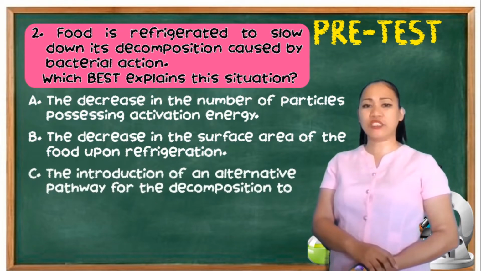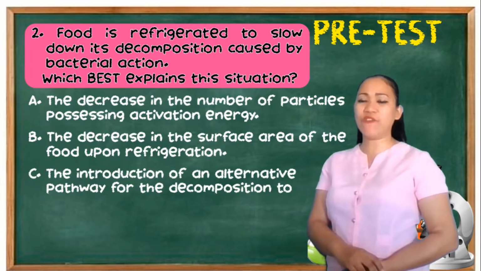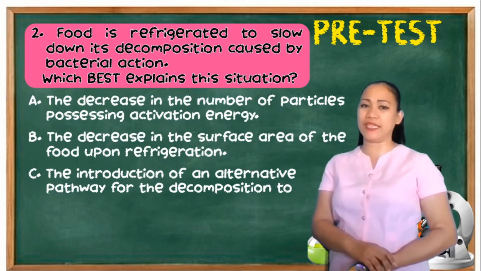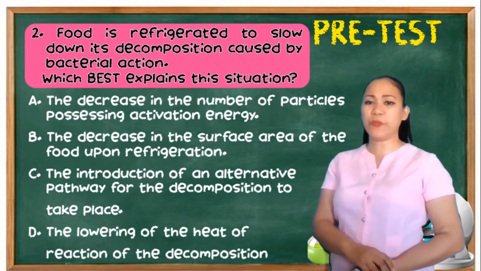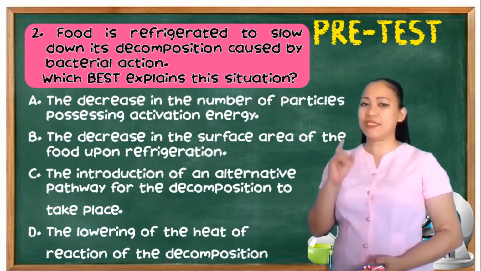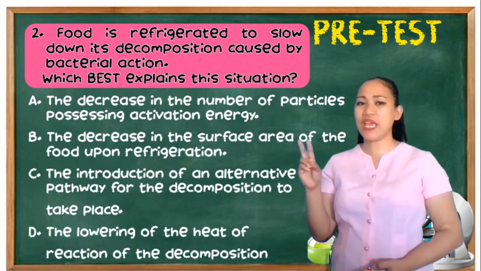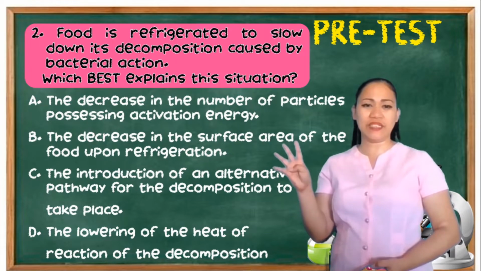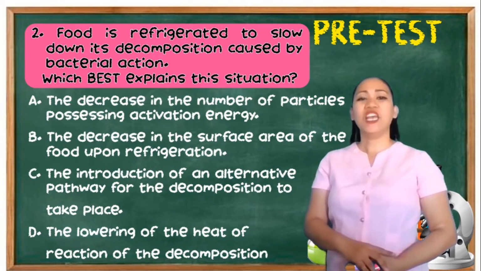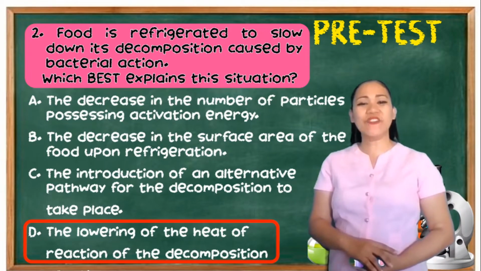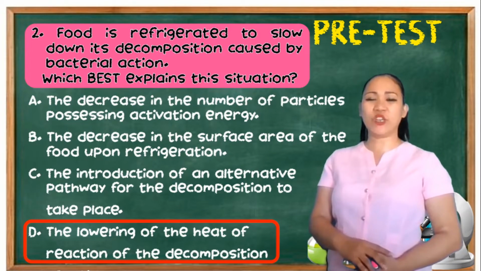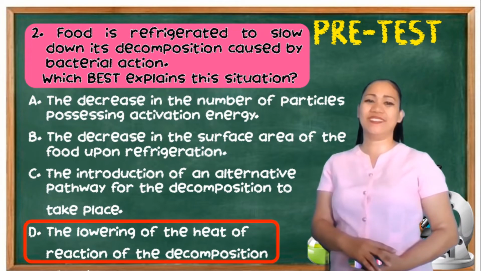C. The introduction of an alternative pathway for the decomposition to take place. And D. Lowering of the heat of reaction of the decomposition reaction. Is it A, B, C, or D? If your answer is B, you are correct. The lowering of the heat of reaction of the decomposition reaction.